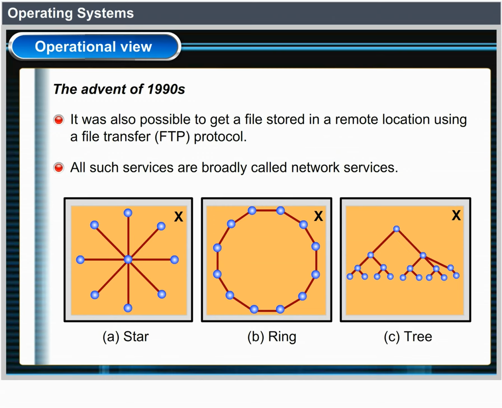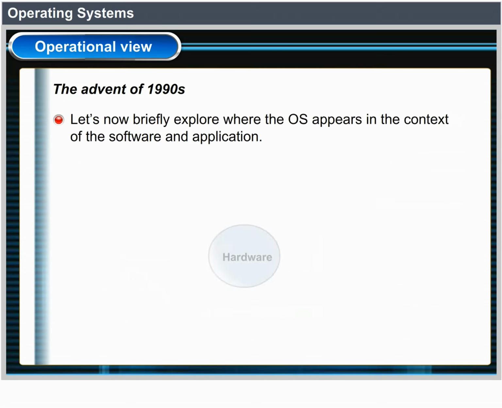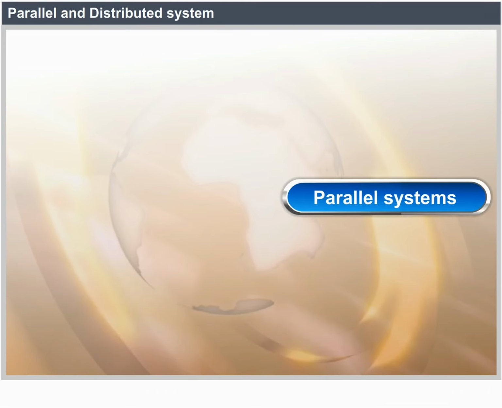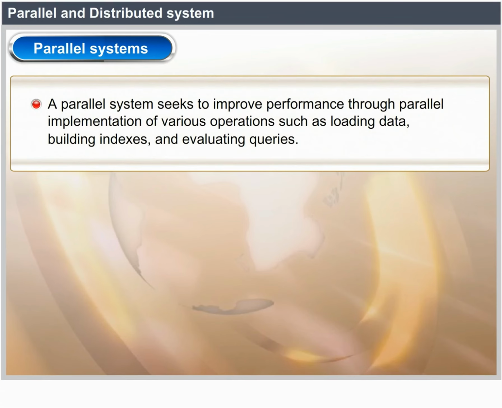Let's now briefly explore where the OS appears in the context of the software and application. Parallel and distributed systems. Parallel systems. A parallel system is one that seeks to improve performance through parallel implementation of various operations such as loading data, building indexes, and evaluating queries.